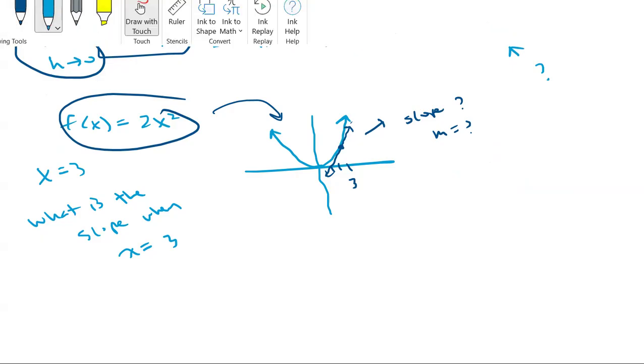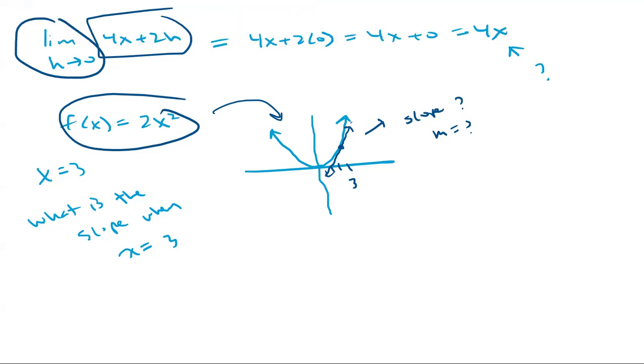We just found the 4x plus 2h, and we plugged in 0 for h, which gave us 4x plus 0, which is just 4x. So I meant to use 4x instead of 2x squared.